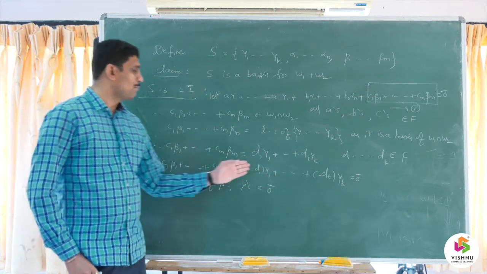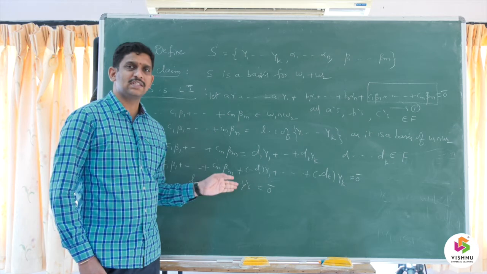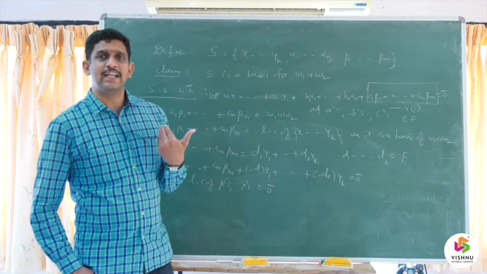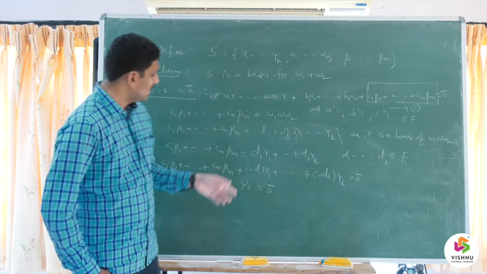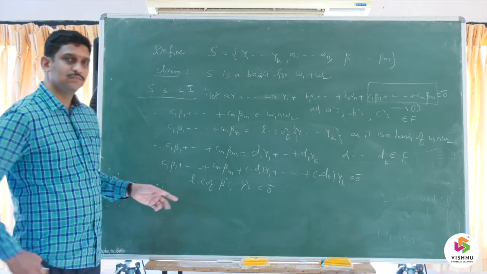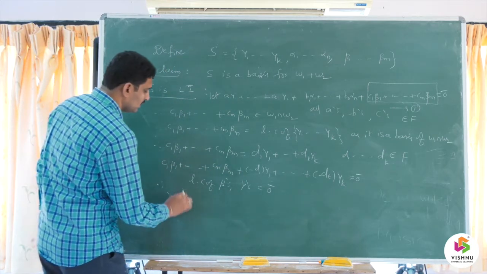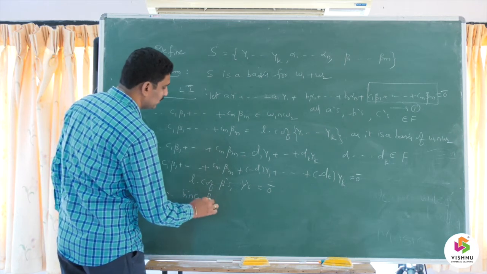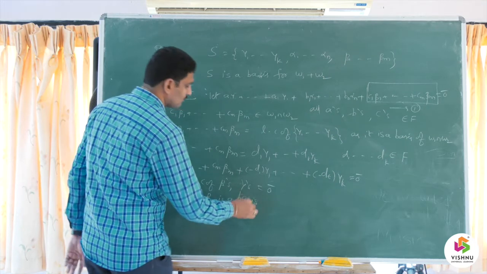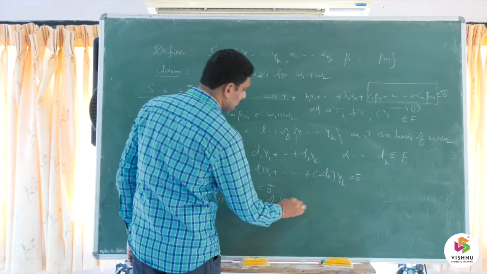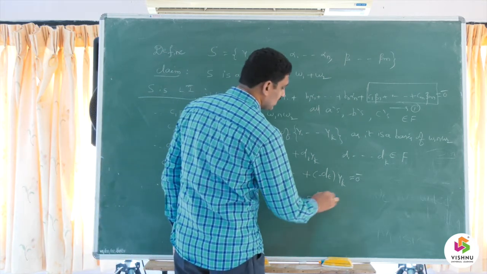Again observe, betas and gammas are nothing but a basis. We know that a basis is a linearly independent set. Whenever you write a linear combination which is equal to 0, then all the scalars must be 0. Therefore, since B2 is a basis of W2, all scalars are 0.